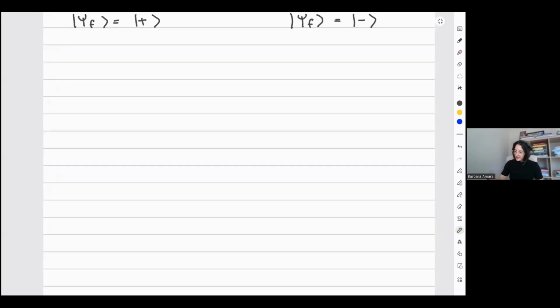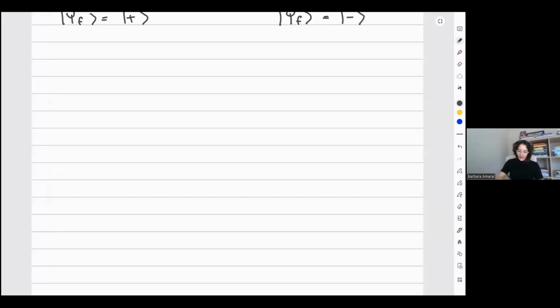So important for us now is what happens to these four vectors. I will try to understand what happens when I apply the measurements z and x to these four states.